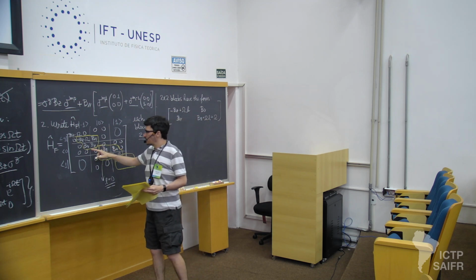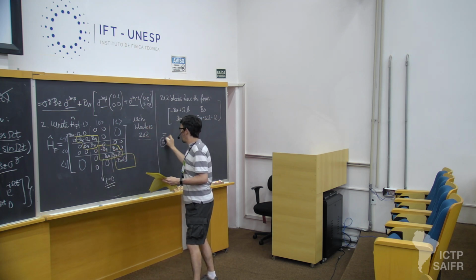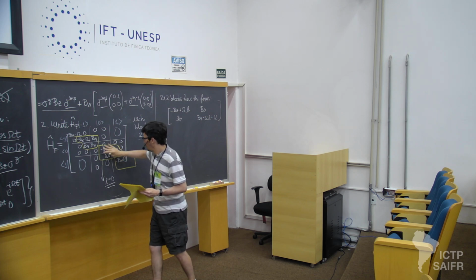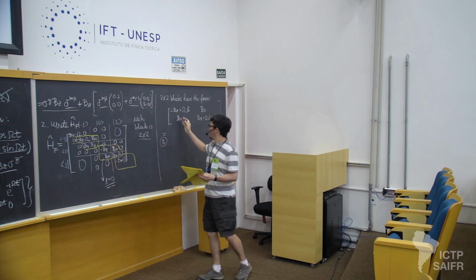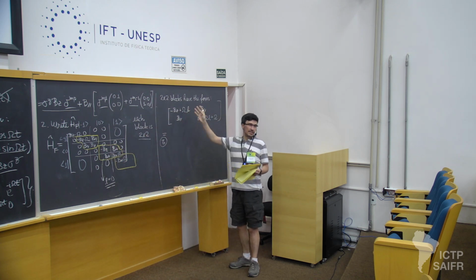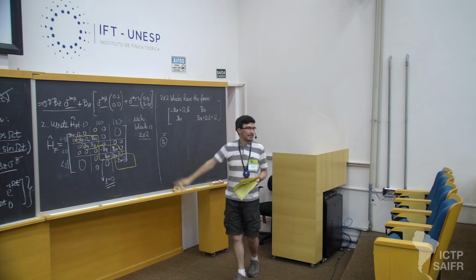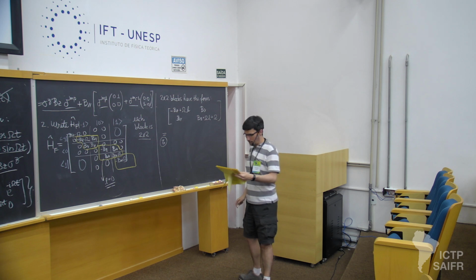I'm going to write tau matrices here, matrices tau, because I don't want to use sigma again, because these are not the same sigmas. You can just find the eigenvalues and eigenvectors of this matrix. That's all. But I'll decompose into Pauli matrices because it's easier to see the eigenvalues and eigenvectors.